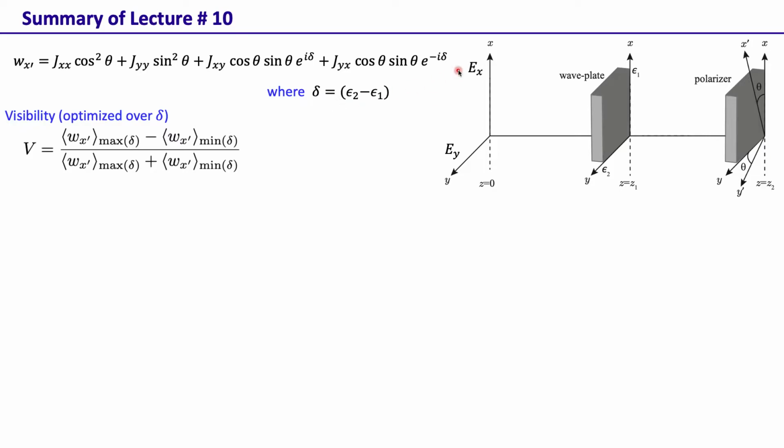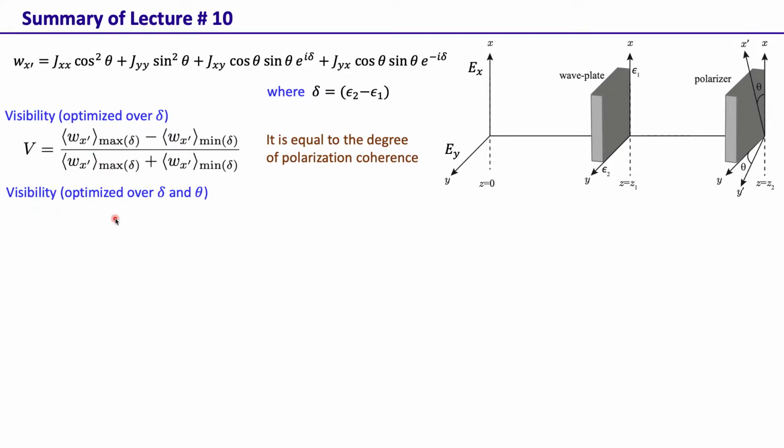If you look at the visibility of this interference pattern as optimized over delta, then this visibility is max minus min over max plus min, and this is equal to the degree of polarization coherence. We then looked at the visibility optimized over delta and theta.